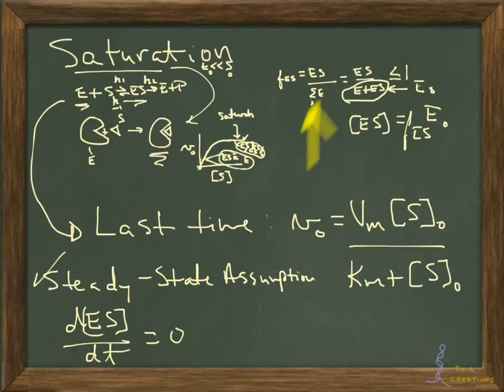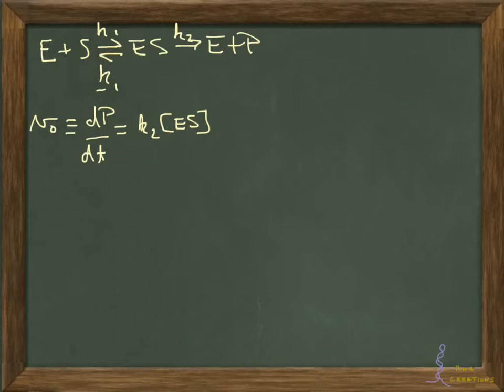All right. So I'm going to go ahead and take this equation and use it. And you'll hopefully see in a second why that's powerful. So then this is equal to k2, and now in place of ES, I'll just write the fraction ES times total E. Like that.